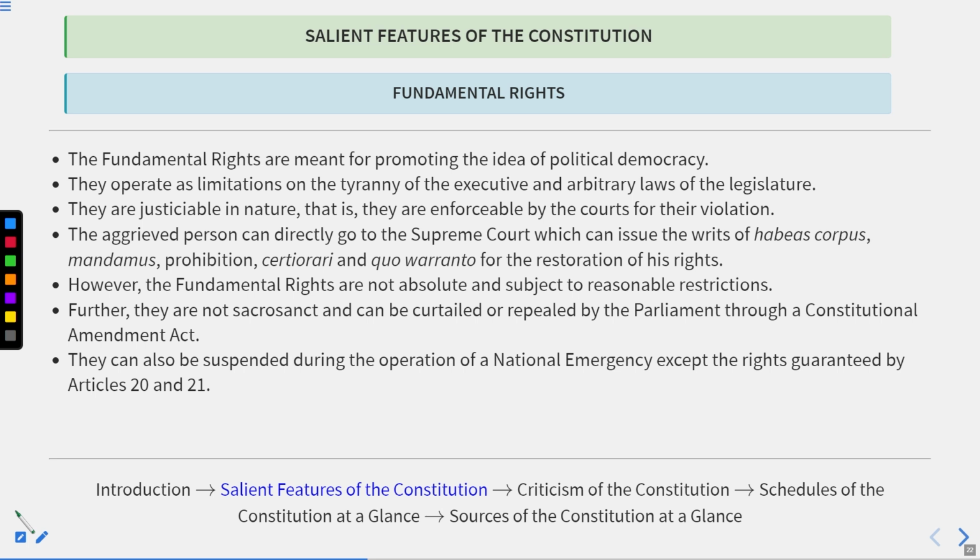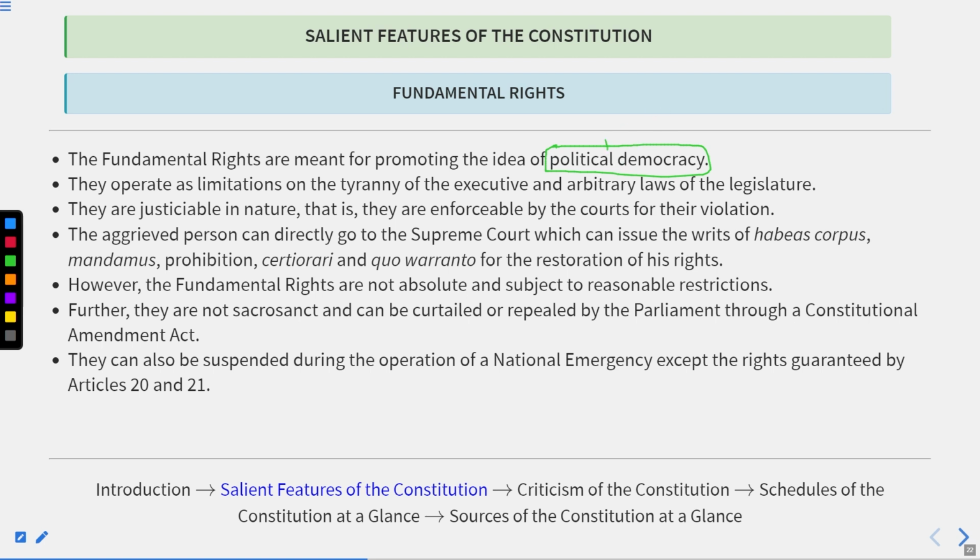The fundamental rights are meant for promoting the idea of political democracy. It means that people should be living politically free. They operate as limitations on the tyranny of the executive and arbitrary laws of the legislature.